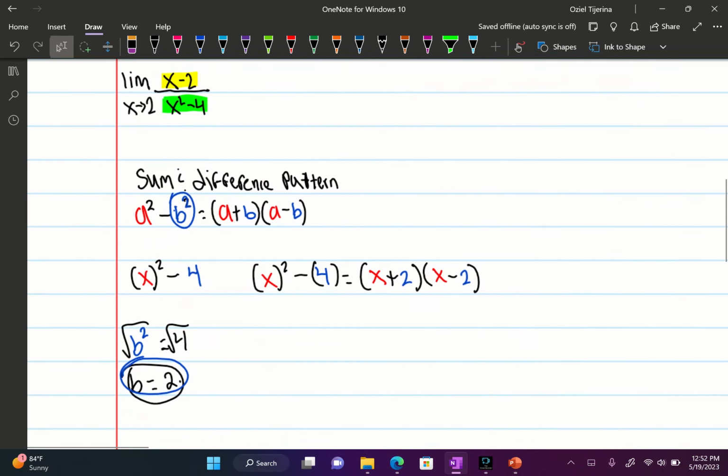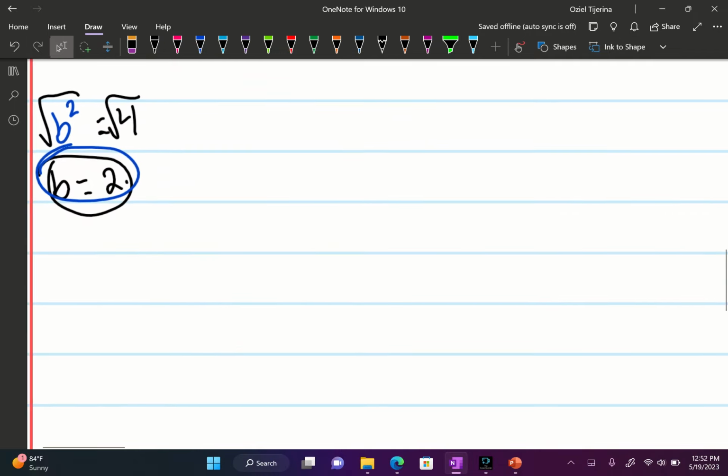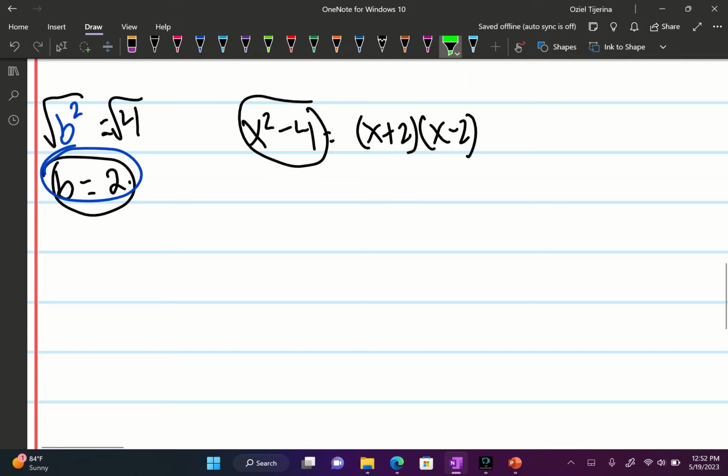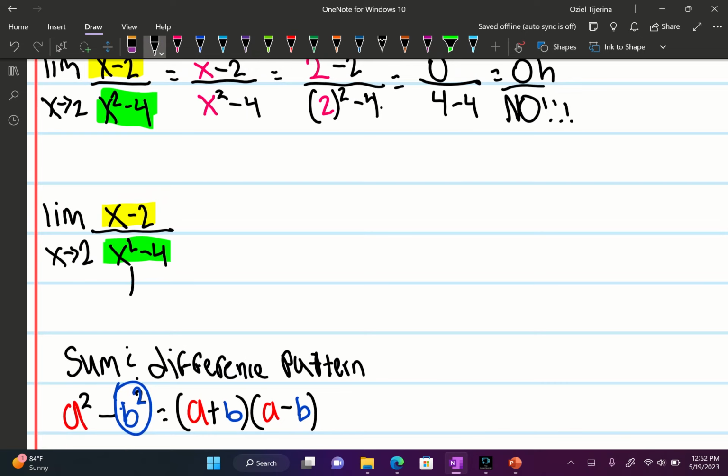Now, like I said, this is what goes for the bottom part that I highlighted in green. So really, x squared minus 4 is going to be x plus 2 times x minus 2. So this is really what we're going to put for this right here.